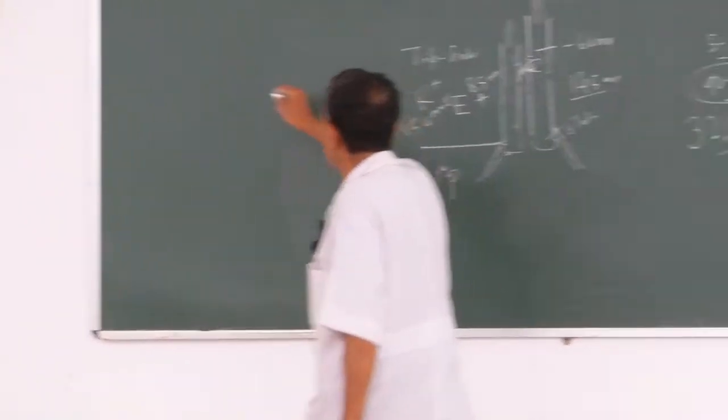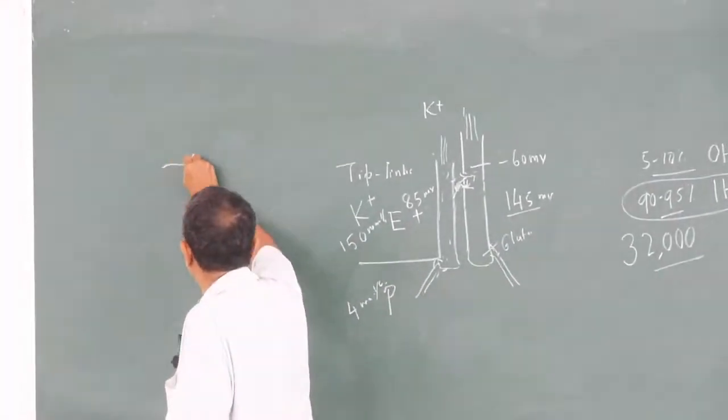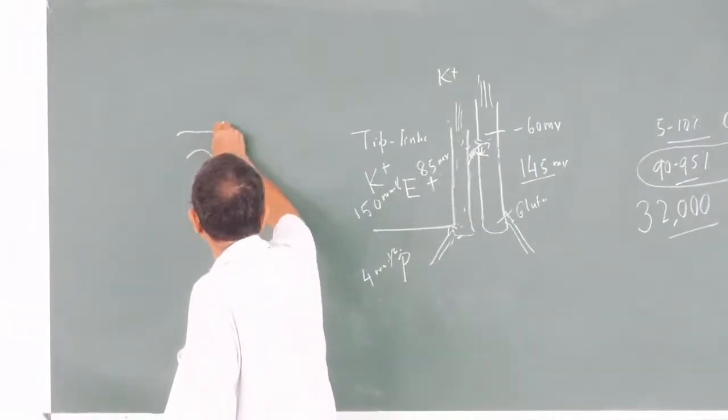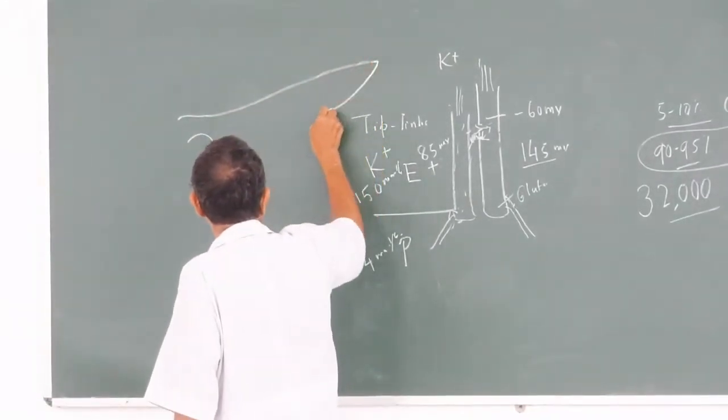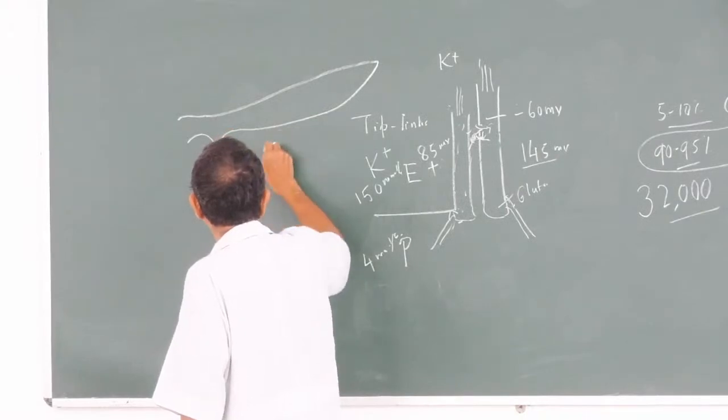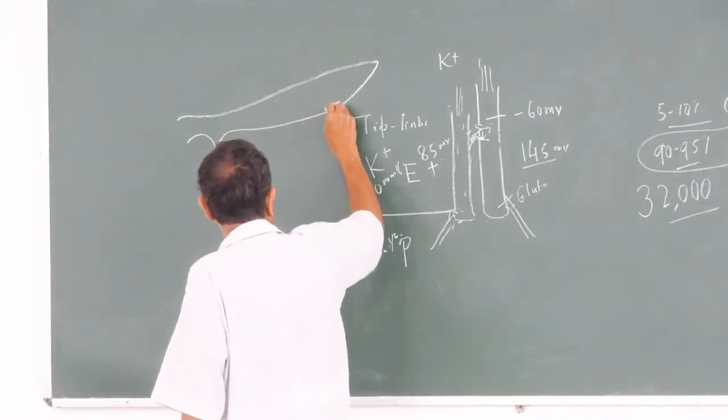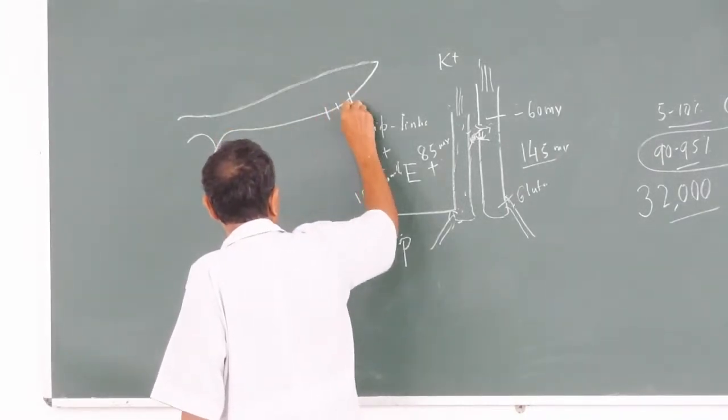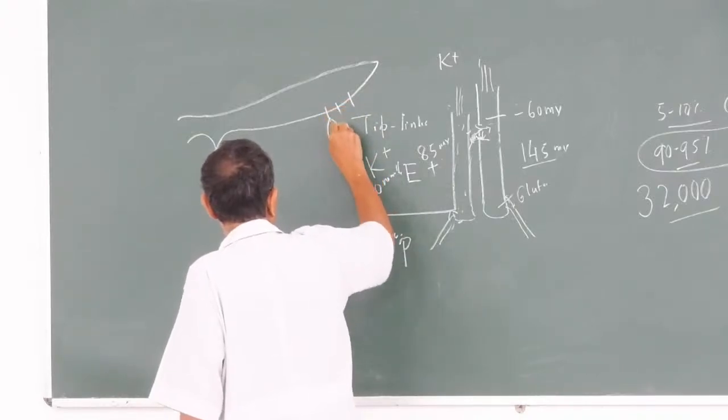Suppose from the limbus, you will find in the figure that it is the limbus and it is the tectorial membrane. And in this case, the hairs of the outer hair cells are embedded in the membrane.